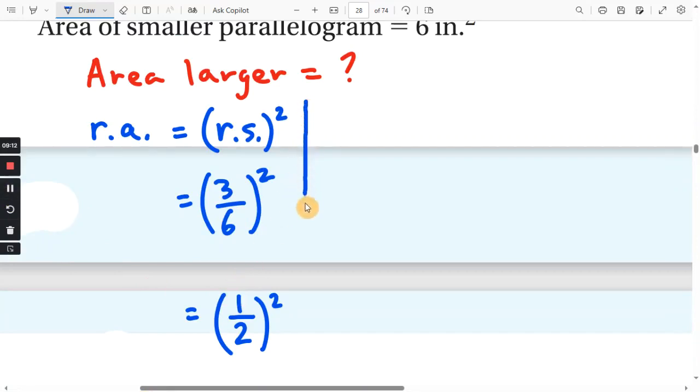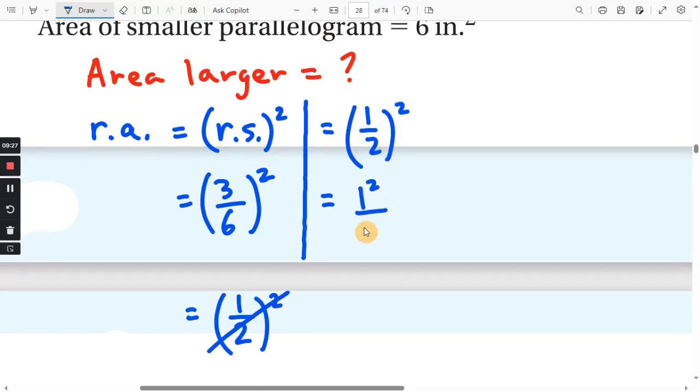All right, 3/6 is the same as 1/2. And it's still squared, okay? Now, you square a fraction. Numerator squared is 1 squared. Denominator squared is 2 squared. 1 times 1 is 1. 2 times 2 is 4. All right, so that is the ratio of the areas.